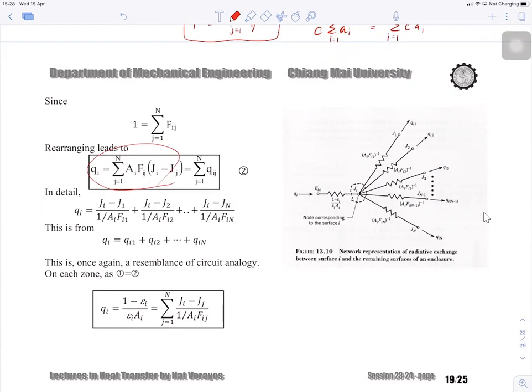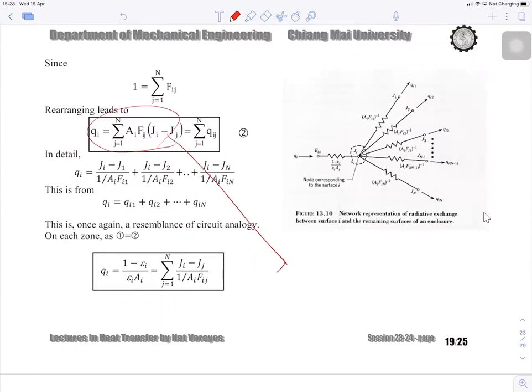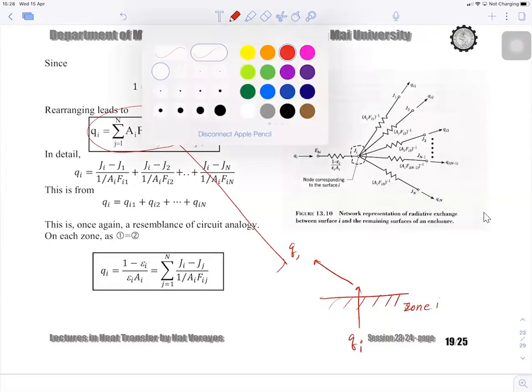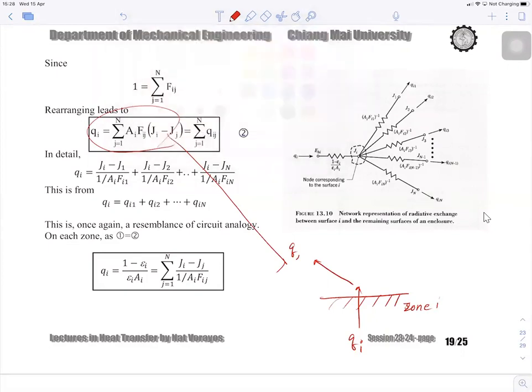So it seems, take a look at this thing. It seems that if you have surface I or zone I, your QI is going to go in like that, and it's going to make the summation of Q. It's going to be summation of, let's say, several decomposing elements because it's summation, right?